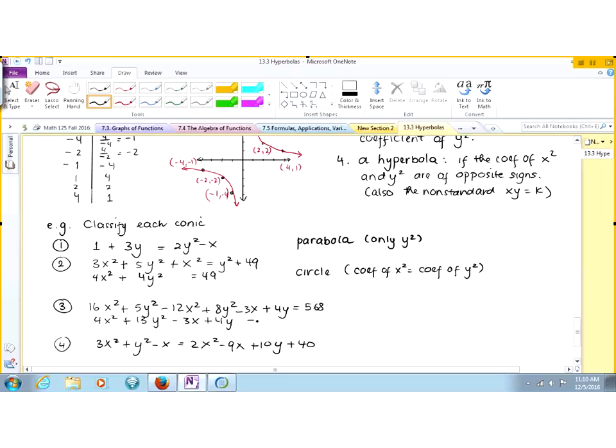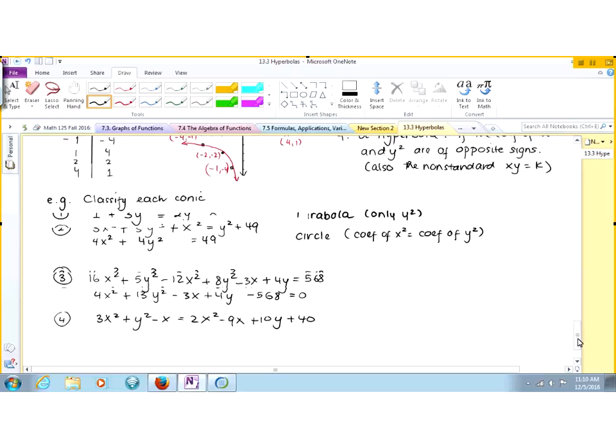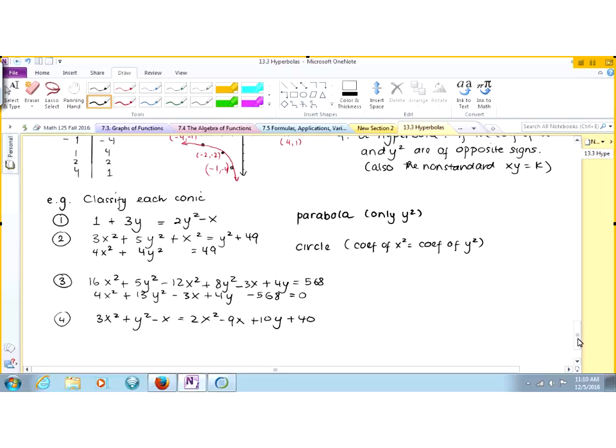And then minus 3x plus 4y minus 568 equals 0. So what is this? What type of conic? Why is it an ellipse?